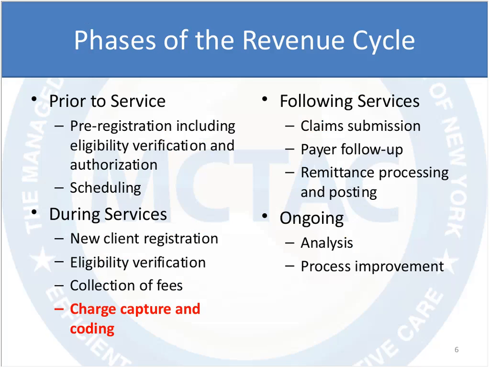During the service, you're going to have eligibility verification, collections of fees, and today we're going to talk about charge capture and coding. There's follow-up services when the client's not there: claim submission, payer follow-up, remittance processing. And then there's, of course, all the ongoing processes involved in revenue cycle management, including analysis, process improvement, and quality improvement.